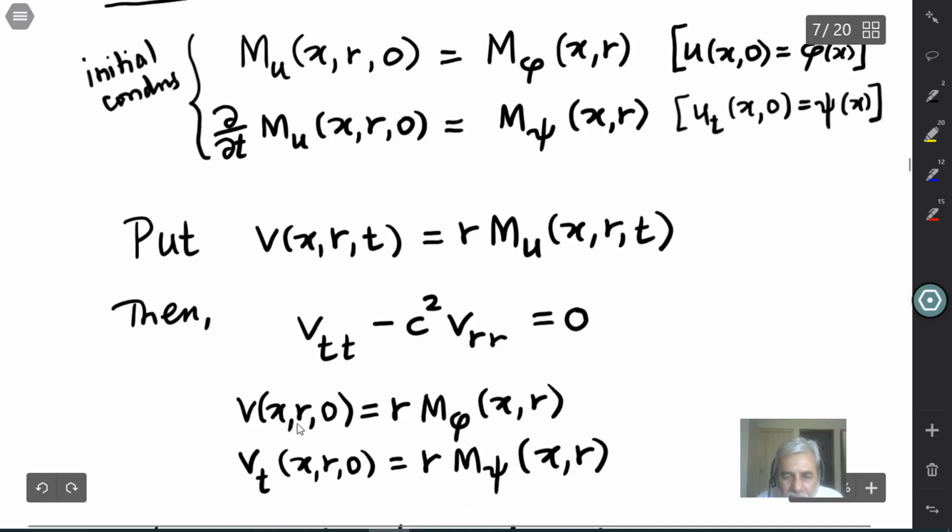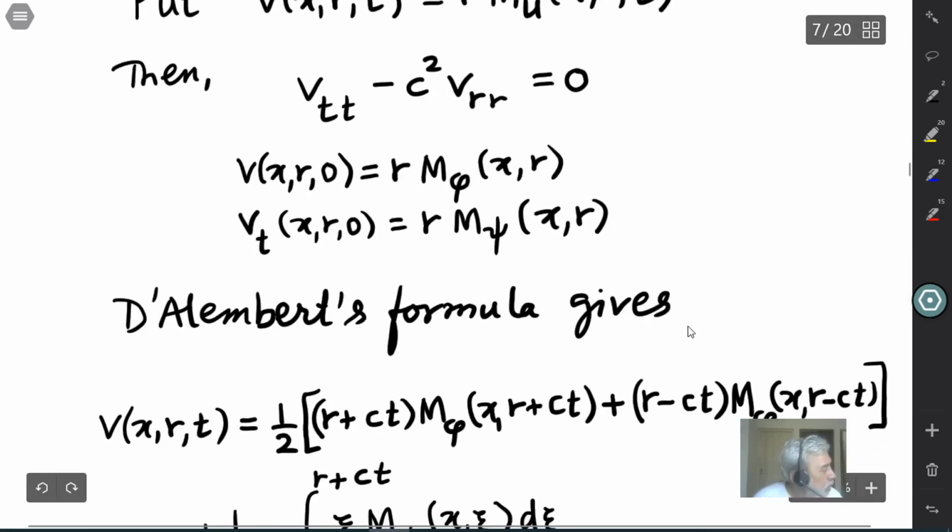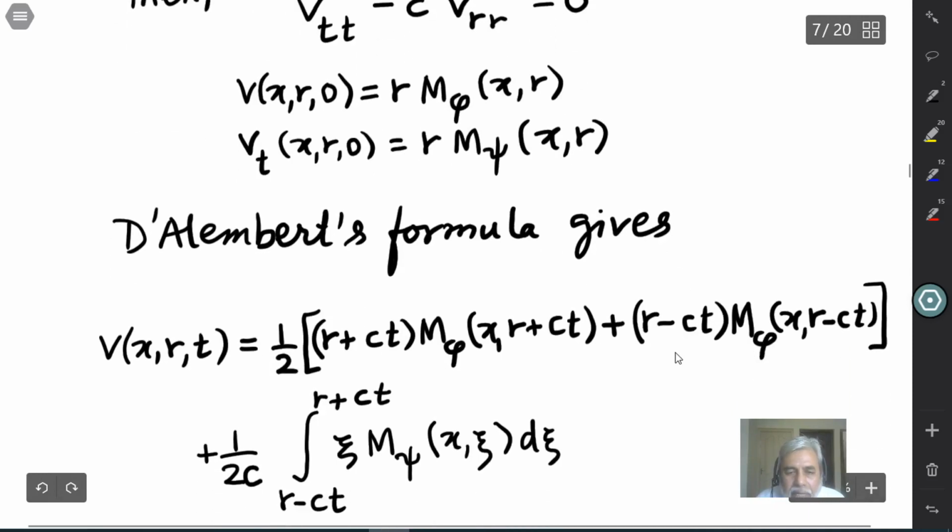So v of x, r, 0 is r times the mean value of phi, and the first derivative of v at t equal to 0 is r times the mean value of psi. So again, you just observe that x is just a parameter. Now v satisfies the one dimensional wave equation with these initial conditions, so we can immediately use D'Alembert's formula and write down the solution.